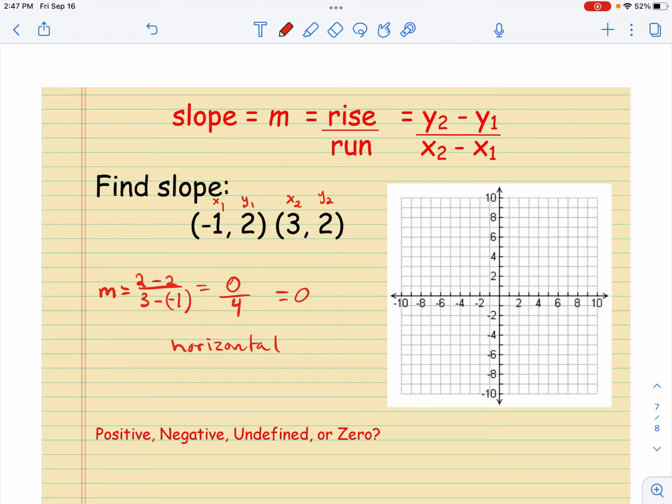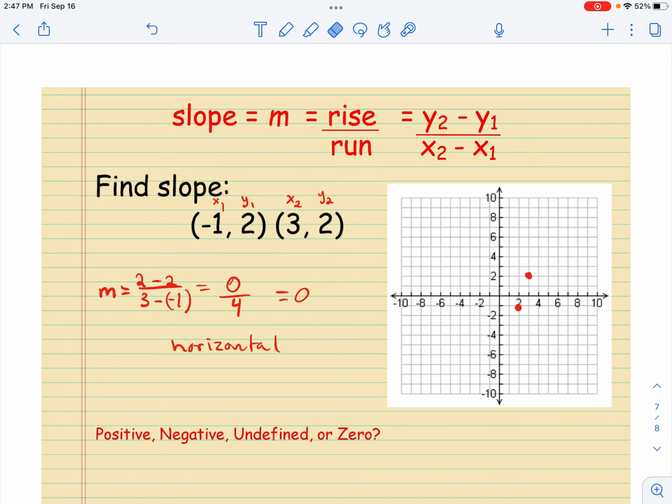And once again, we can plot those 2 points. Oops, I wrote that backwards. Okay, so at 2 we're at -1, and at 3 we're at 2. Nope, I didn't do that right.